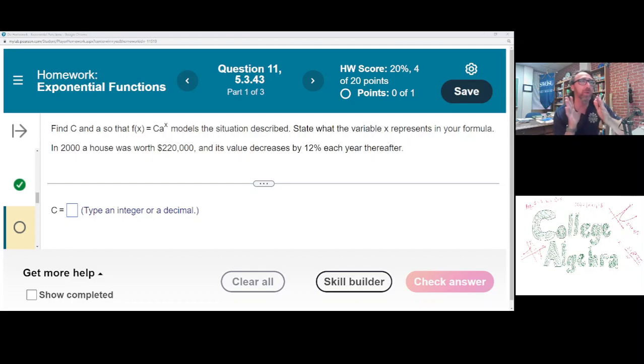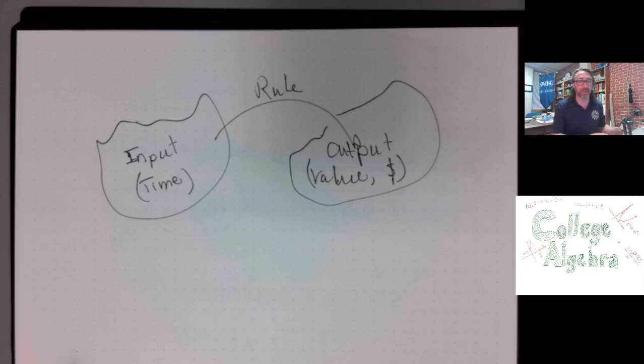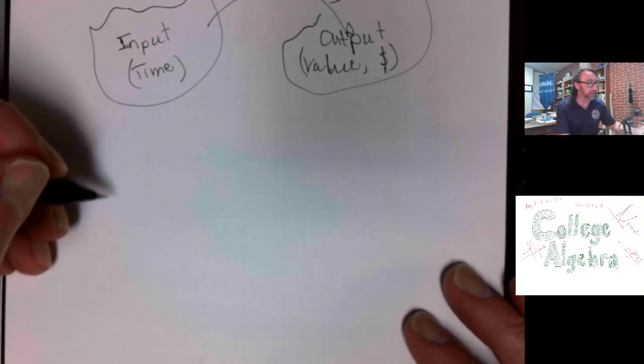Think about what you have left. If you lose 12%, then you have 88% of what you initially had. Now we can find 88% in a single multiplication. And you're going to do that every year. Every year you have 88% left of what you had at the start of the year.